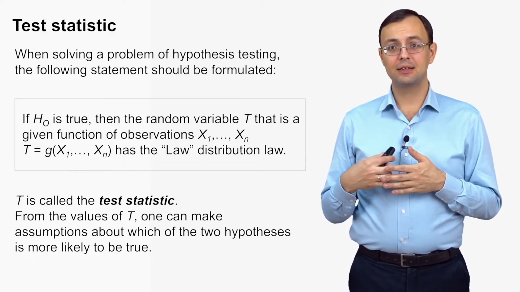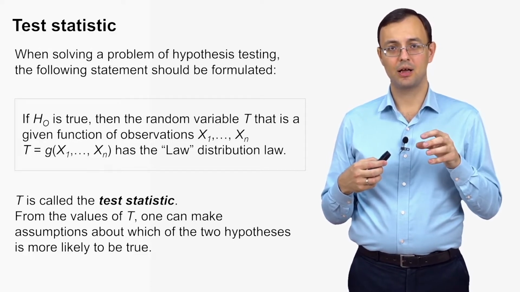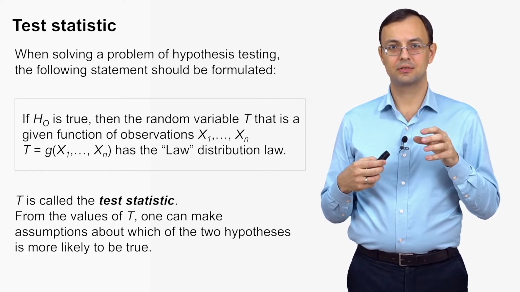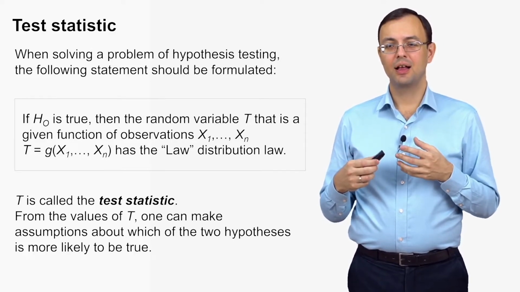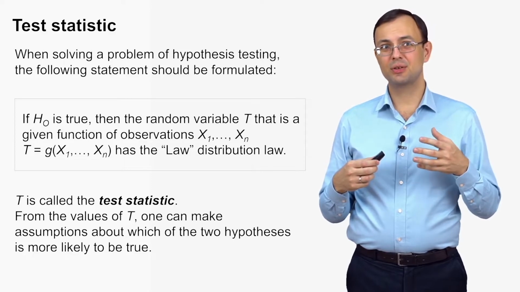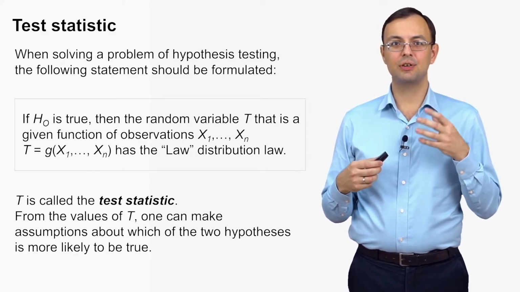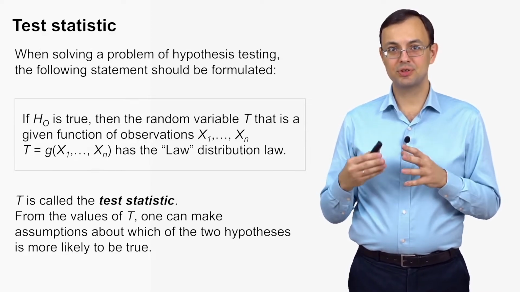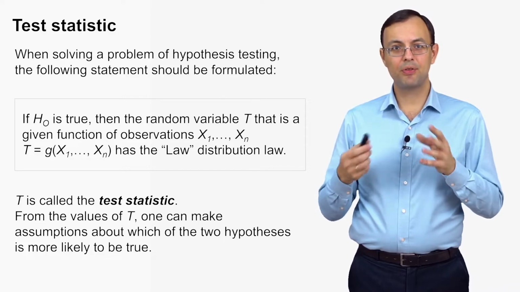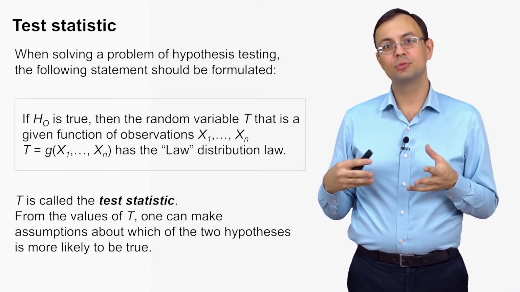And so this function, this formula that is used to find T, is such a formula that one can make assumptions about which of the two hypotheses is more likely to be true.